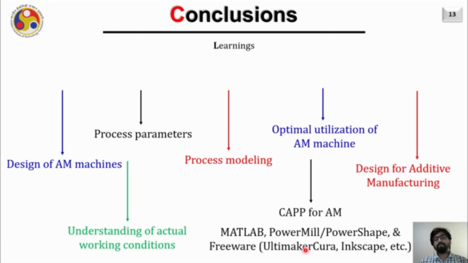We also explained computer aided process planning for additive manufacturing, and with that I believe you now have some idea of utilizing open sources like Inkscape, Ultimaker, Cura, and also you have some hands-on practice on MATLAB, PowerMill, PowerShape and other CAD/CAM packages. I believe you will now be able to optimally utilize your additive manufacturing machines and understand the actual working conditions for different additive manufacturing systems.